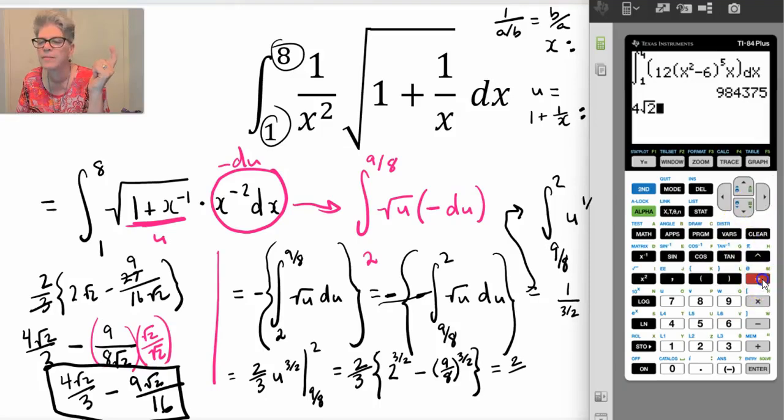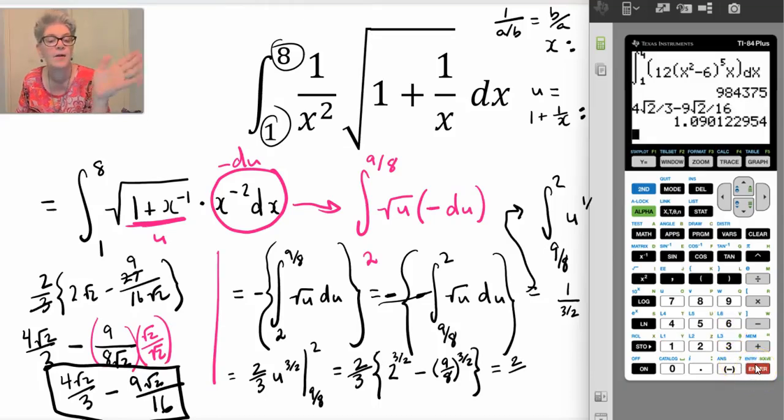Then divided by 3. Then minus 9 times square root of 2. Divided by 16. And then I'm going to press enter.